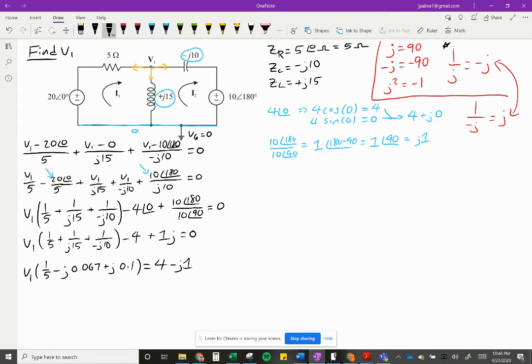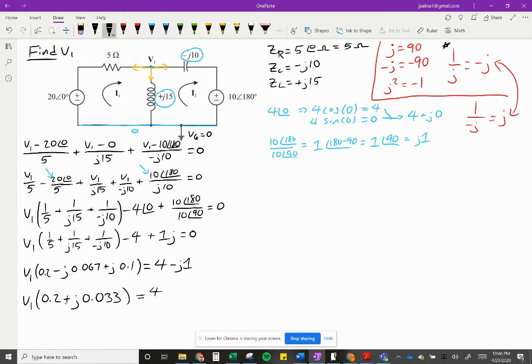Okay, so now we'll combine our like terms again. 1/5 actually is going to equal 0.2. Combine our J's right there, it was plus J 0.033.